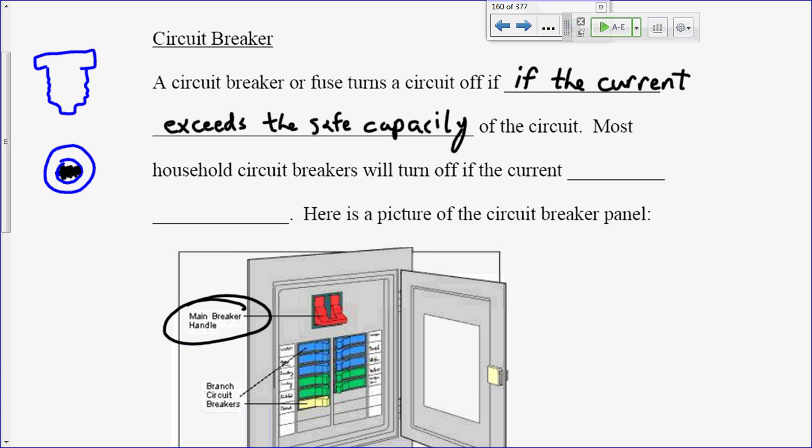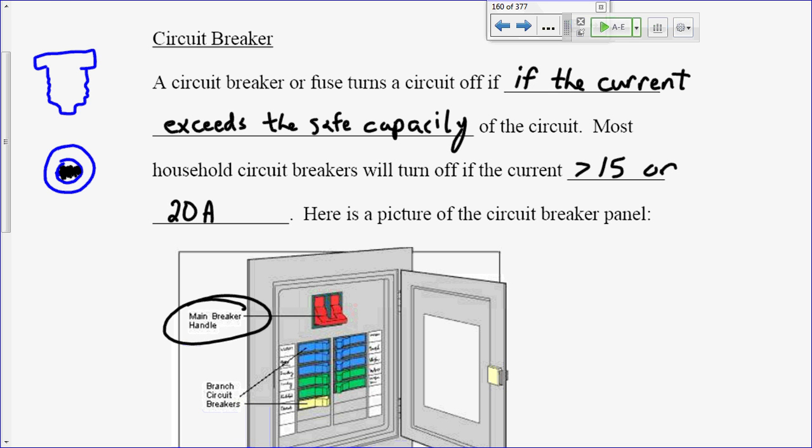Most household circuit breakers turn off if the current is bigger than 15 or 20 amps. Often you'll have additional circuits in your house. You might have 2 switches right next to one another that are connected, and those will be 30 or 40 amp circuits. Those are for bigger appliances, dryers, stuff like that.